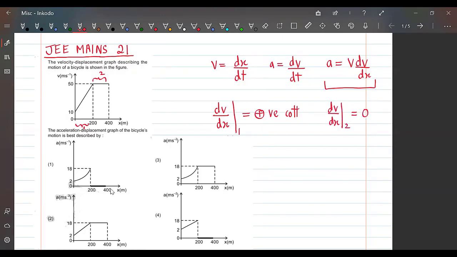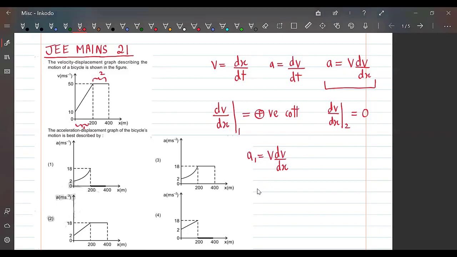I need to find acceleration versus x. So see, acceleration in the first region will be written as v dv by dx. Velocity is always positive but increasing, and dv by dx is a constant. So this should have a value which is linearly increasing.